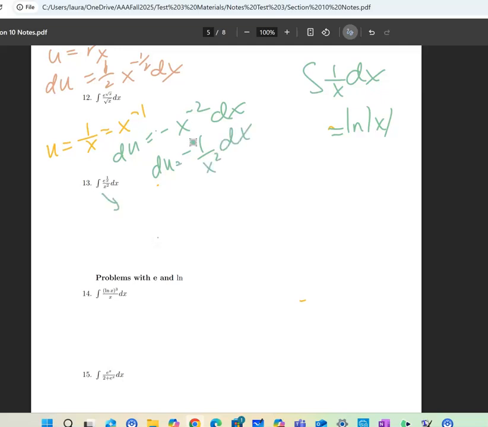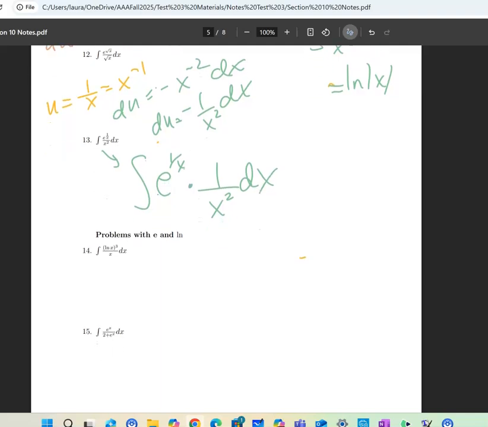Okay, so if I take the time to rewrite this, e to the 1 over x times 1 over x squared dx, let's see what I've got. I can write this as e to the u. And then this one, 1 over x squared dx. Well, I've got it right there except for a negative sign.